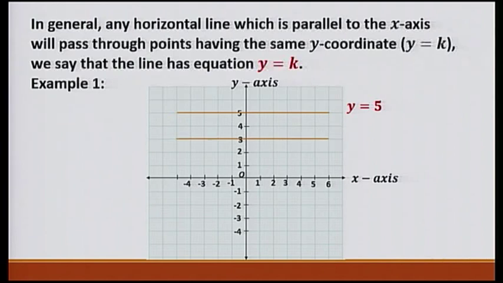Next, the equation of the line will be y is equal to 3, since it has the same y-coordinate 3 throughout. Next, we have the line y is equal to -1. One more, we have the line y is equal to -4.